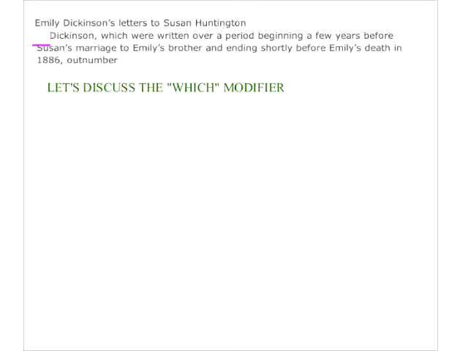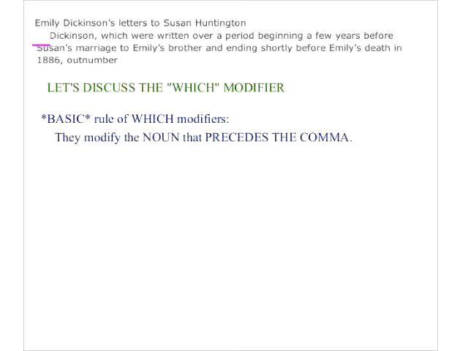But the basic rule of which modifiers is that they modify the noun that precedes the comma. This is the first thing you generally tend to learn about which modifiers. On the other hand, this is a basic rule, and in instances like this, we're going to need to modify this rule.